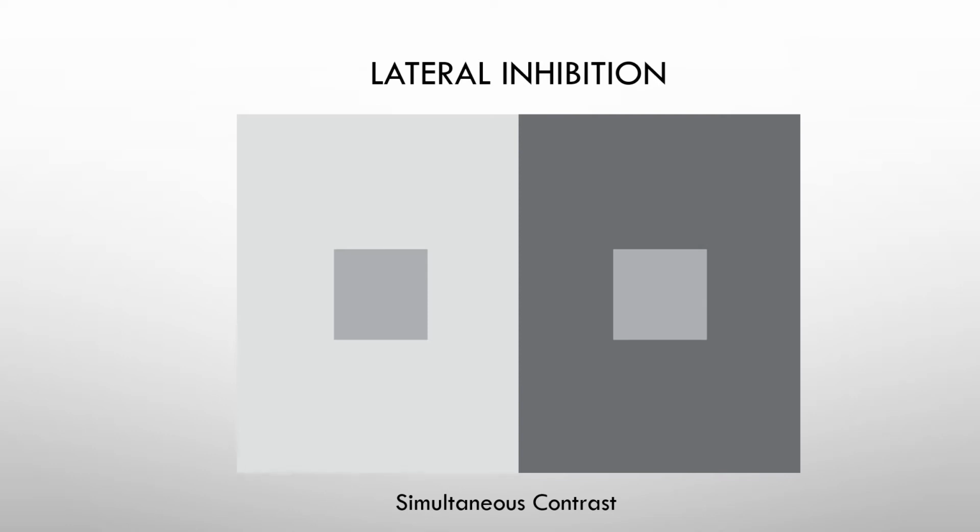So when I do this in class, I ask, and so you can think about if you're looking at the inner gray squares in this picture, which one appears darker to you, the one on the left or the one on the right? And when I say appears, most of us say the one on the left appears slightly darker than the one on the right, although I do have some students this does not work on.